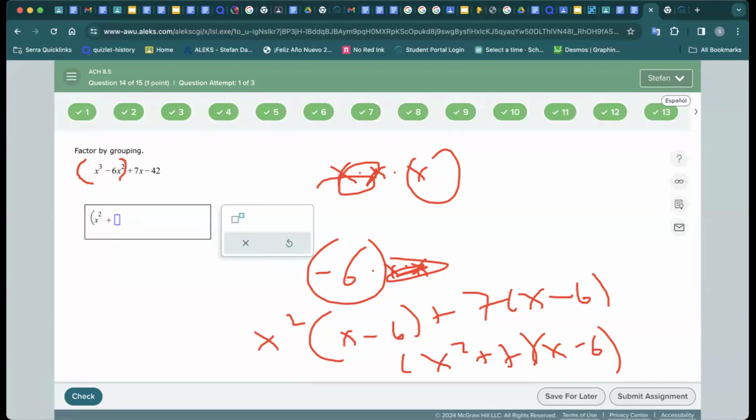Wait, why is it not letting me write negative 6? So it's x squared plus 7 and x minus 6.